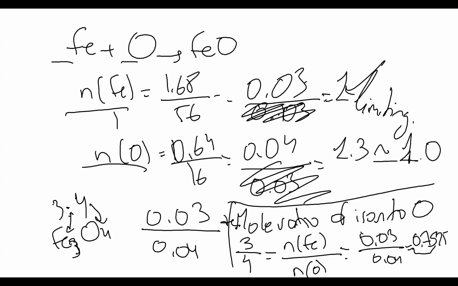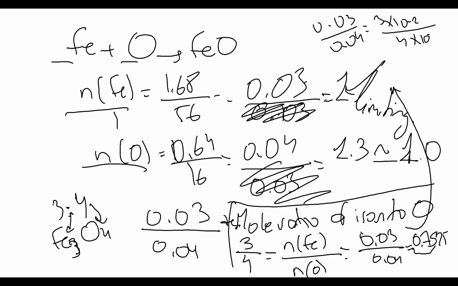How did you get 3 over 4 from 0.75? Okay, I'm going to explain it in a mathematical way. 0.03 over 0.04 equals 3 times 10 to the power of minus 2 over 4 times 10 to the power of minus 2. Take off the 10 to the power of minus 2, and it ends up as 3 over 4.